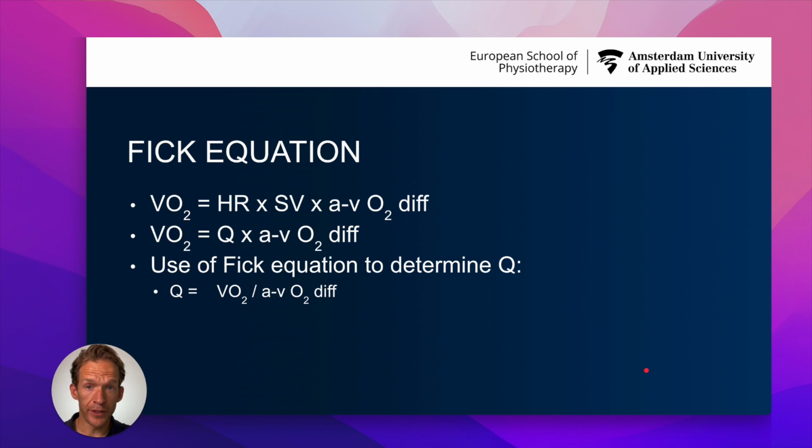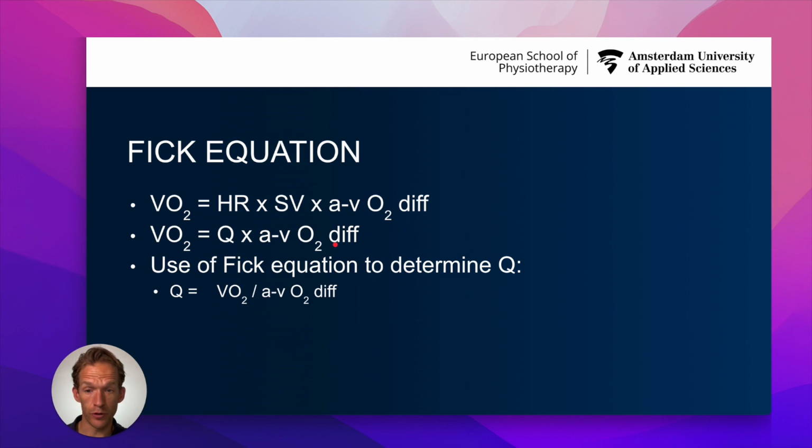The underlying formula of this method is stated right here. The Fick equation is one of the most important equations in exercise physiology. So what you see right here is that VO2 can be calculated by taking heart rate, multiplying it by stroke volume, and multiplying that by the AVO2 difference. As you should know by now, heart rate times stroke volume is cardiac output. So this is a simplified version of that same formula where you can state that VO2 equals cardiac output times AVO2 difference.